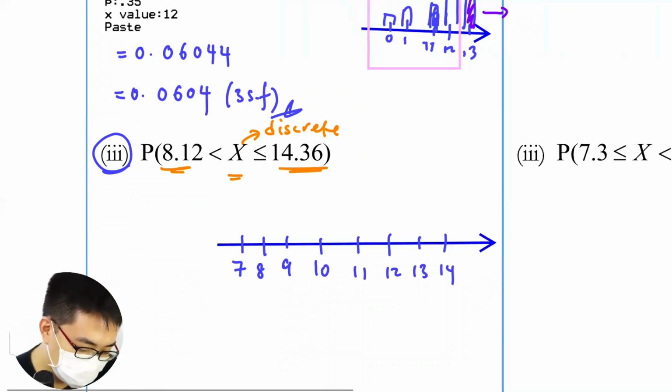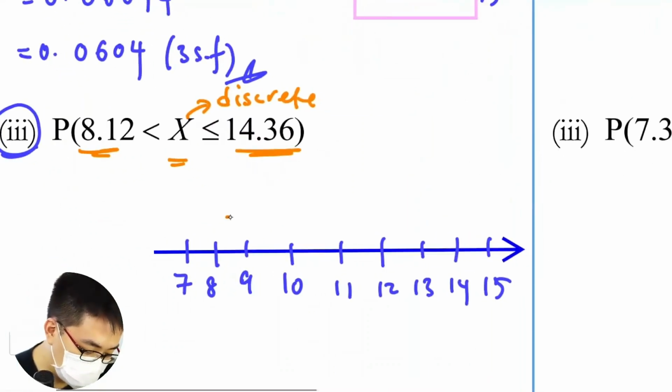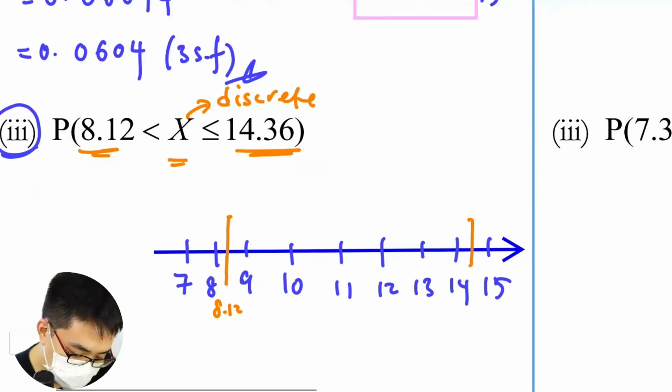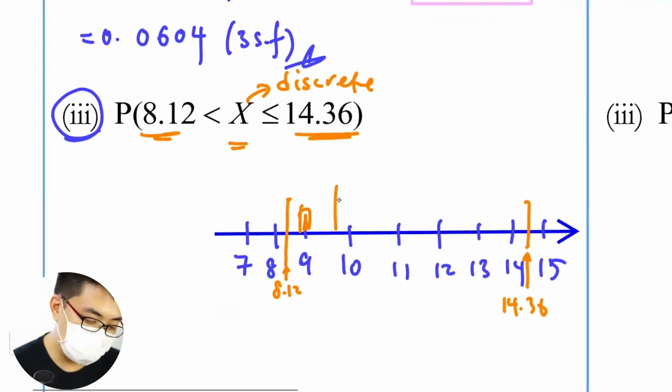Now, 8.12 is here, and 14.36 is here. What you want is essentially a discrete value, so you need these classes in between.